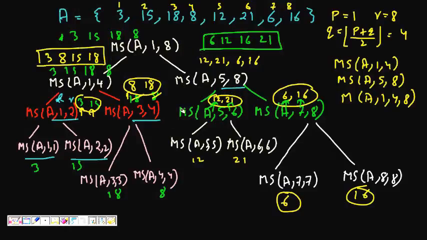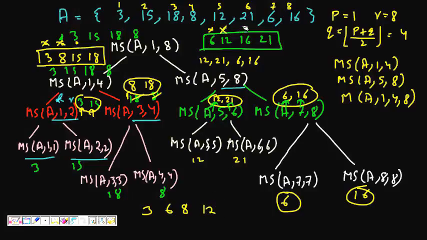Again we merge them. We have pointers at 3 and 6. 3 is smaller, it is copied, the pointer moves, and between 8 and 6, 6 is smaller, so 6 comes here and the pointer moves to 12. Between 8 and 12, 8 is smaller. Between 15 and 12, 12 is smaller.